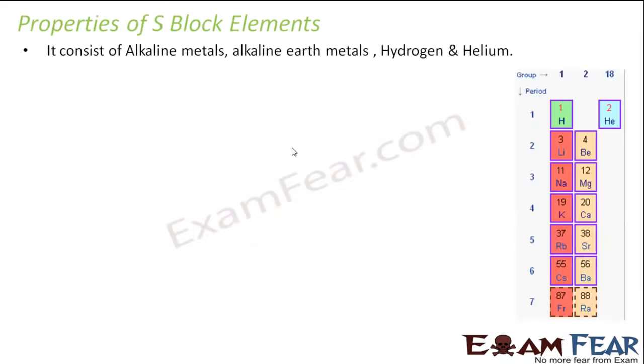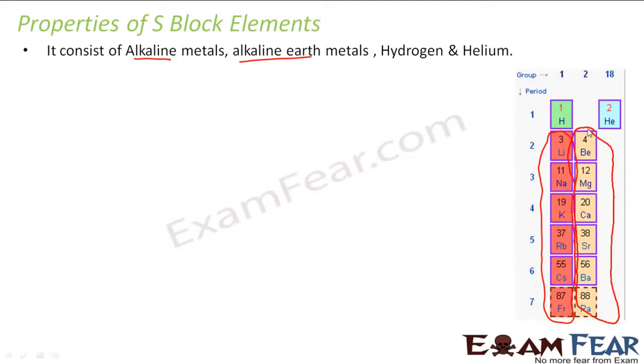So let's start with the properties of S-block elements. As I have told, S-block elements consist of alkali metals, the ones in pink in the circle here, and then alkaline earth metals, the ones in light pink, and hydrogen and helium.